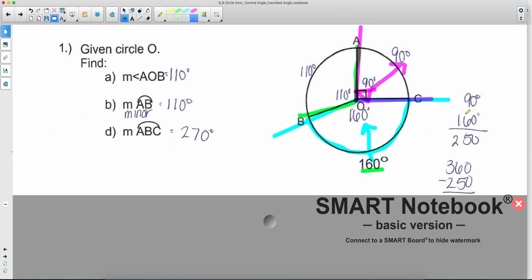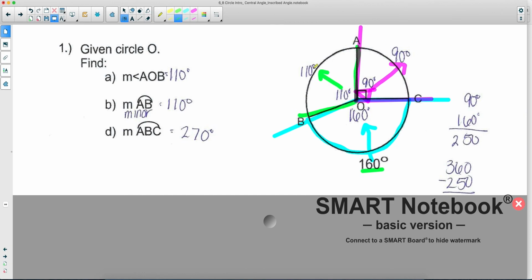Perfect. And then I use the idea that a whole circle adds to 360. So I add 90 and 160, which gives me 250. Subtract that from 360 and I get 110. So the piece that's left over here is 110. That means that this arc is also 110. And then just go down the list. So angle AOB is 110. Arc AB, and I didn't tell you minor or major, so I just put minor.